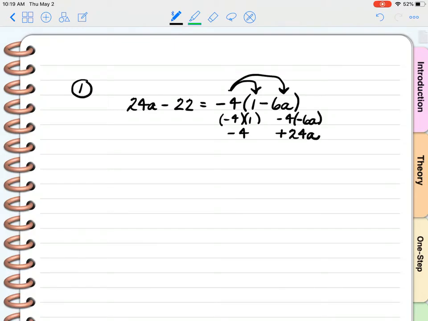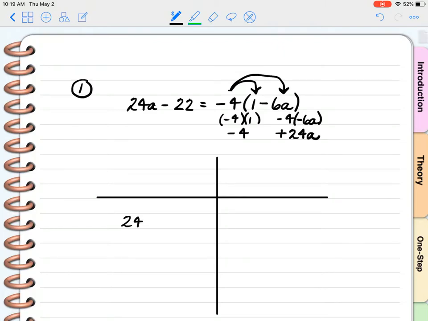So be careful with that multiplying. Use your calculator. So now I can draw the frame because I have no parentheses anymore. And I have on the left 24a minus 22. We didn't do anything to that. And on the right I have negative 4 plus 24a.